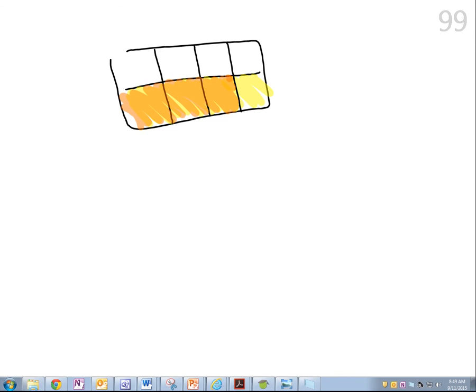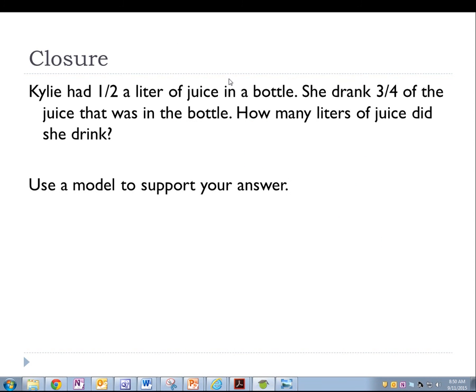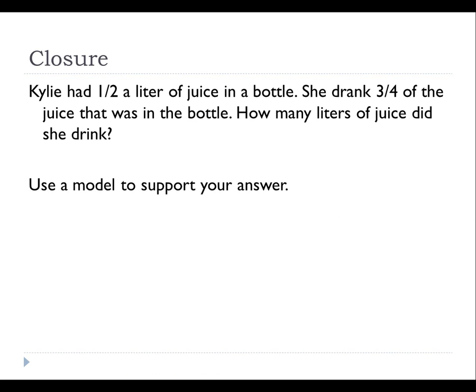Okay, because the original was a half. Yes, sir? We drank 3/8 of a liter because we started with the half. How many liters of juice did she drink? Oh, yes, you're right. No, that doesn't seem right.